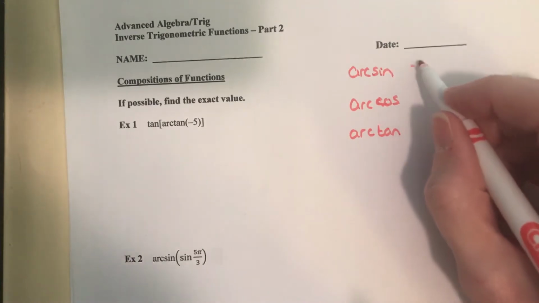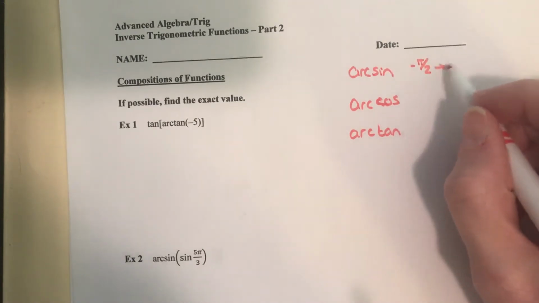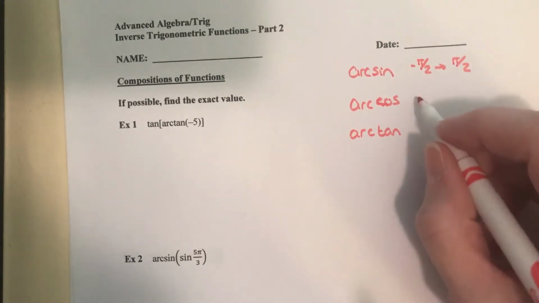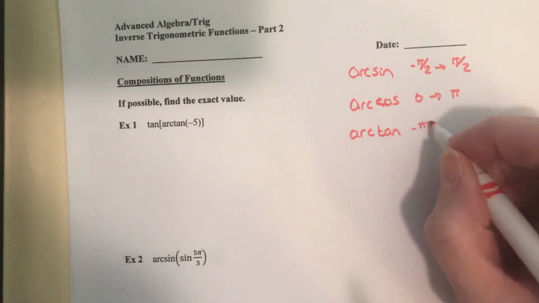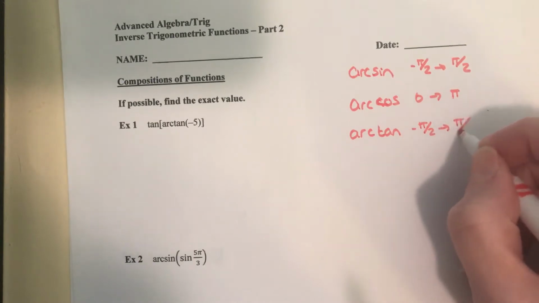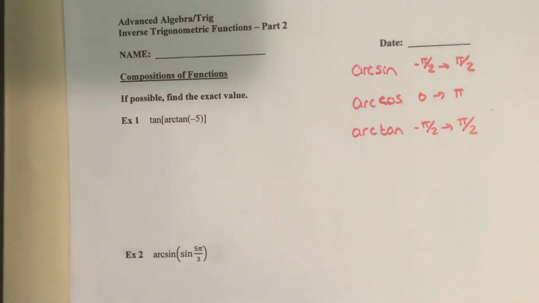Arc sine went from negative pi over 2 to pi over 2. Arc cosine went from 0 to pi. And arc tangent went from negative pi over 2 to pi over 2. So we're still going to use those today. You can reference back to the chart or you can write it down on the side like I did here.